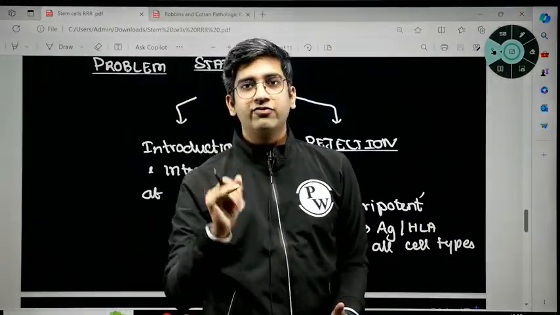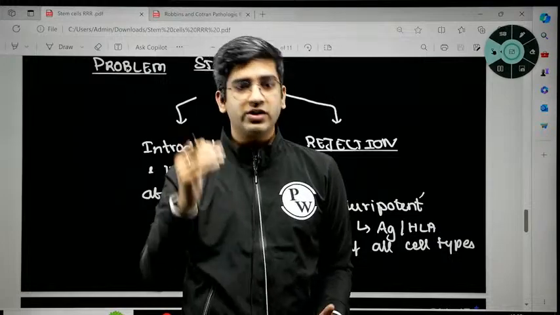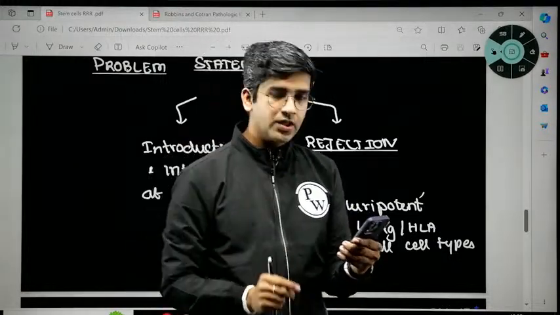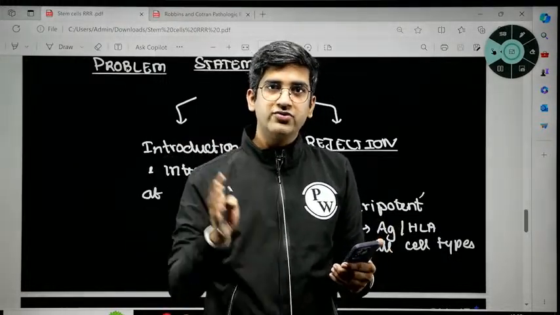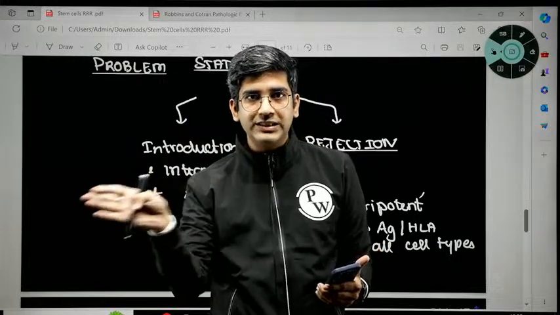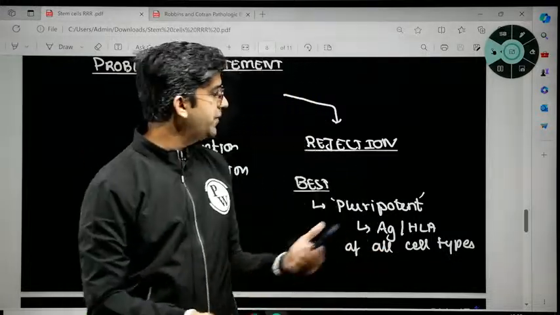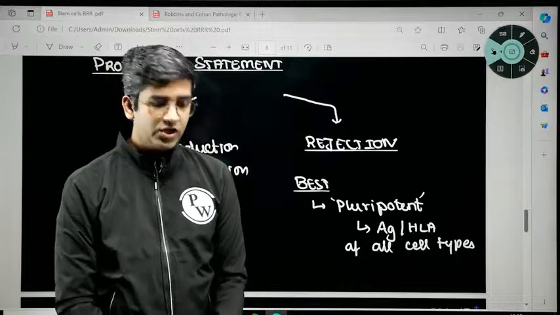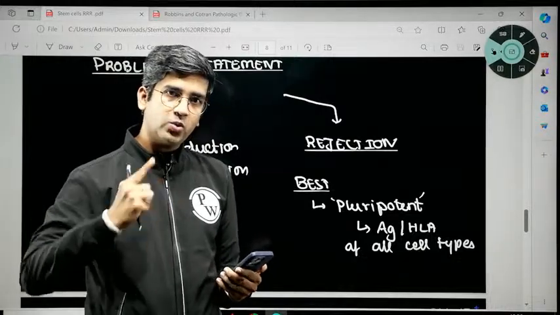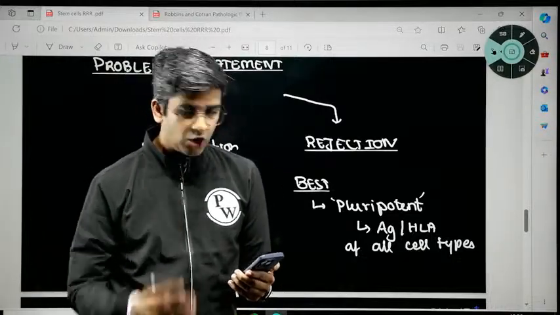The best cell for me to use for replacement is the pluripotent stem cell, right? I'm going to ask you a question. Pluripotency gives rise to all three germ layers or only one lineage? What do you mean by pluripotent? All three germ layers or only one lineage? All three, right? Perfect.